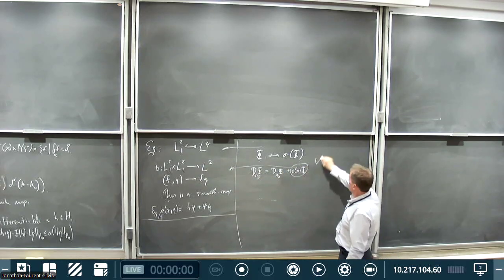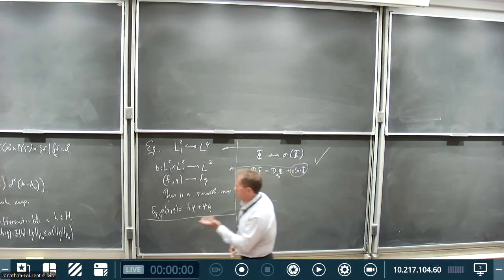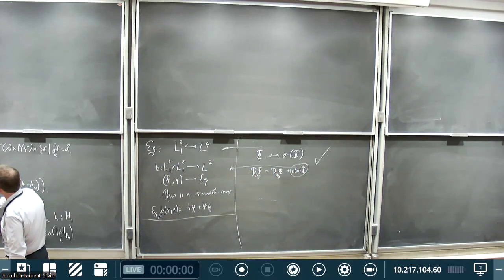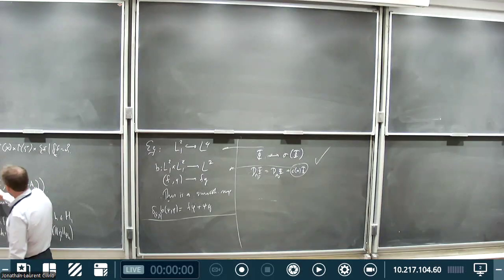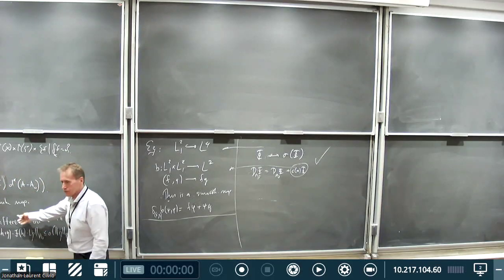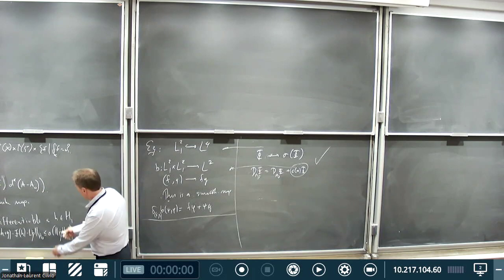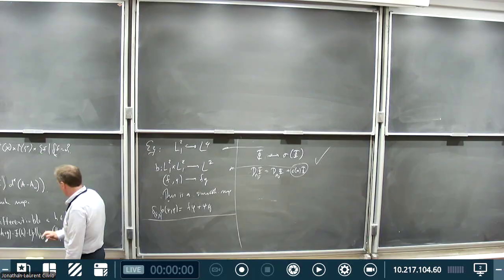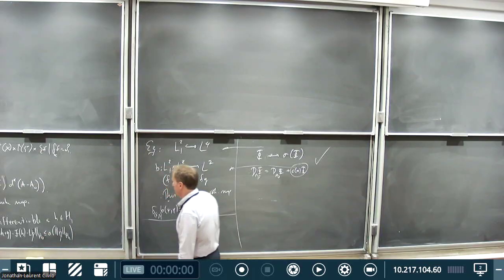So it's a smooth map. That is differentiable, that's no problem. That's linear. Obviously, a linear map is differentiable. Then its derivative is itself, and it's zero or something like that.